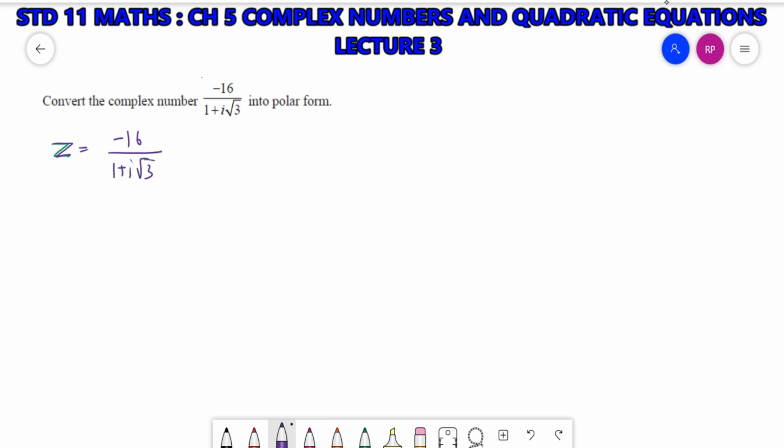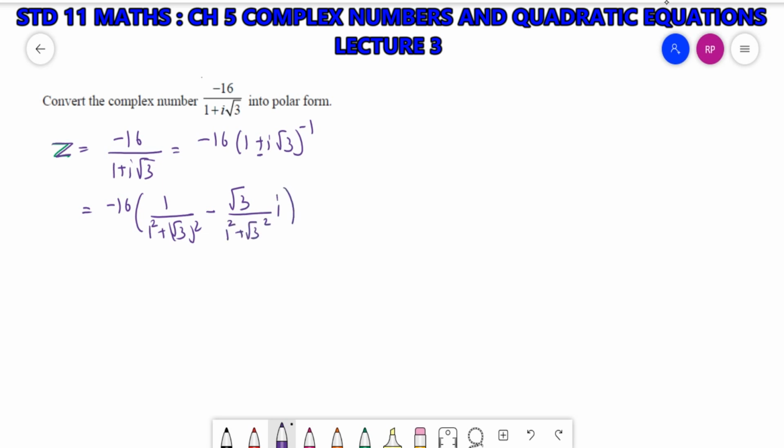What I will do is multiply and divide by its conjugate, or else I can use the inverse method. What was our shortcut for inverse? 1 upon 1 square plus root 3 square, change the sign, minus root 3 upon 1 square plus root 3 square i.